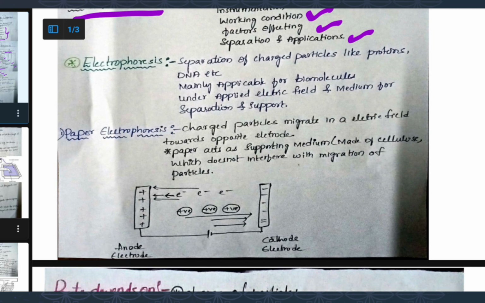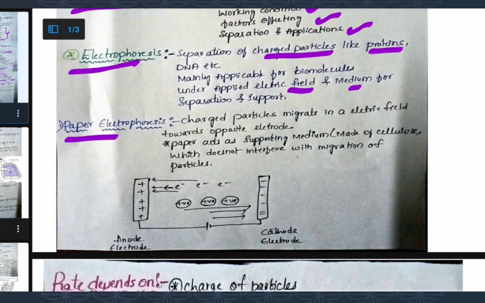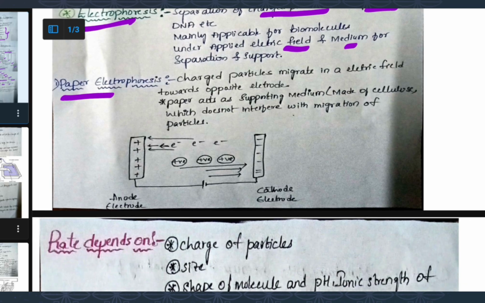What is electrophoresis actually? It is the separation of charged particles like proteins and DNA under an applied electric field, with a supporting medium. In paper electrophoresis, the supporting medium is paper.